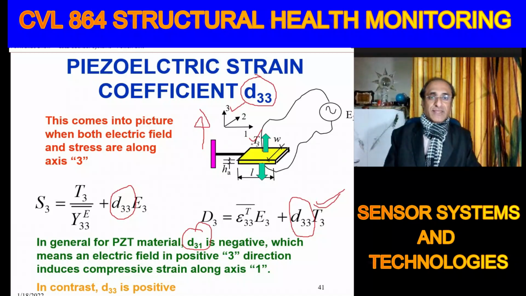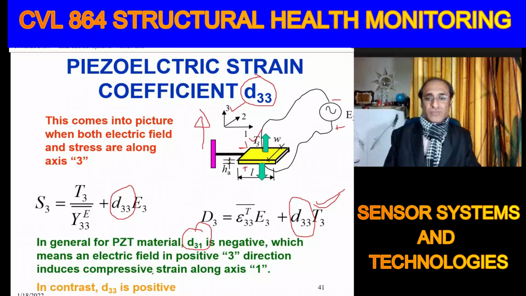That means the field is like this. Here the positive sign is here and the negative sign is here. We are applying the electric field such that here there is negative and here there is positive. So that is the positive direction of the electric field.